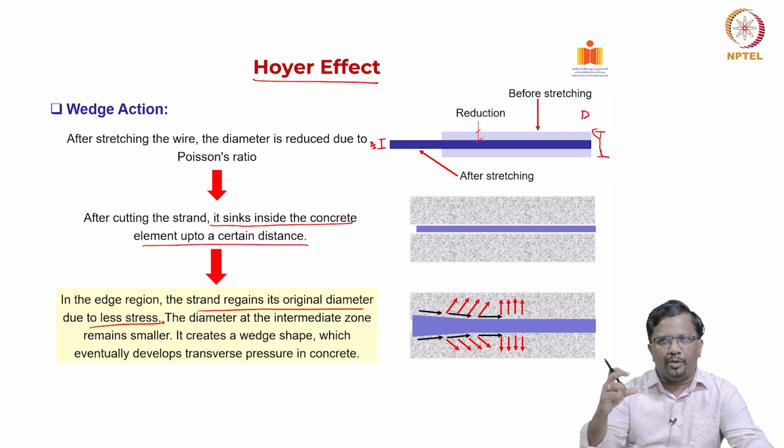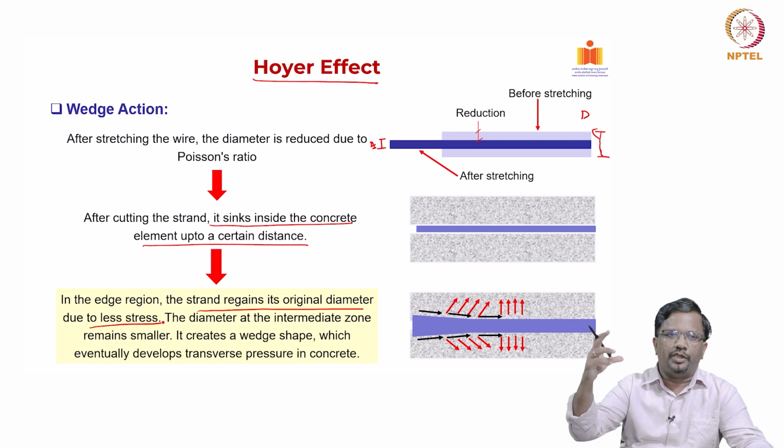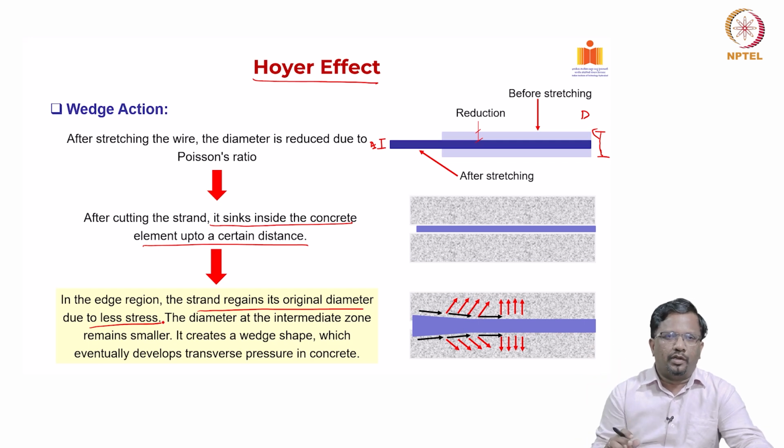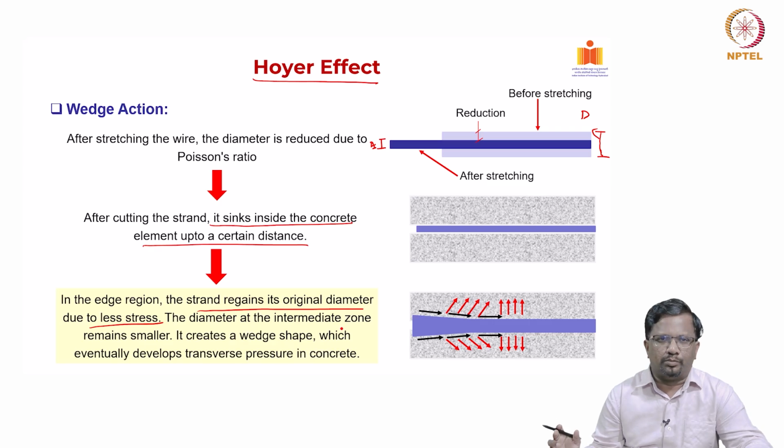After stretching, it becomes ds, then it goes back to the original diameter d at the free end, or at the edge region. The diameter at the intermediate zone still remains small, ds, whatever you have stretched it to.